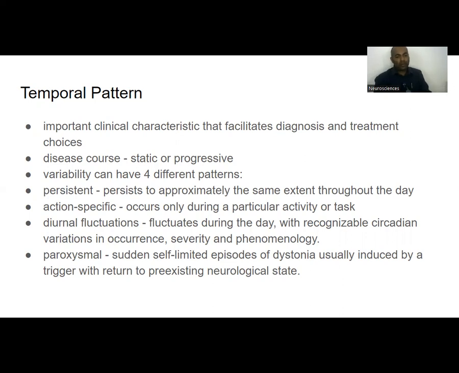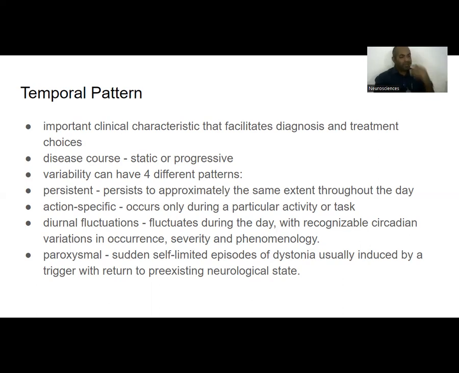And action specific is when dystonia occurs only during a particular activity or task. Like focal task-specific dystonia: writer's cramp is only during writing. Musician's dystonia is only during playing musical instruments. And you can have diurnal fluctuations, which fluctuate during the day with recognizable circadian variations. The classic example is dopa-responsive dystonia.